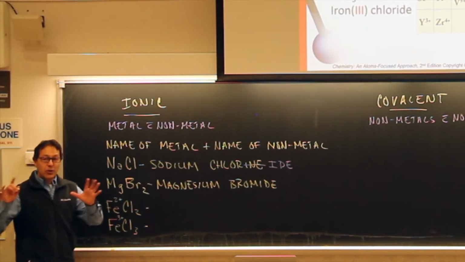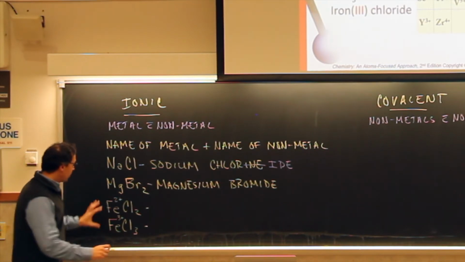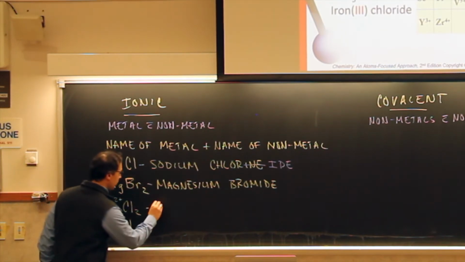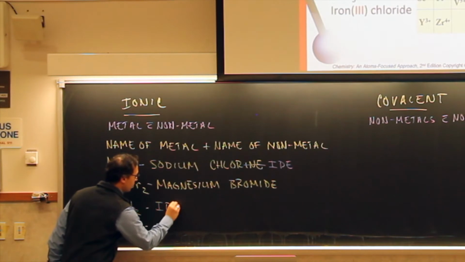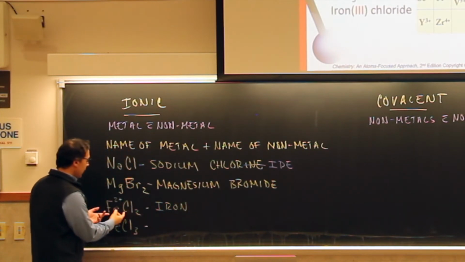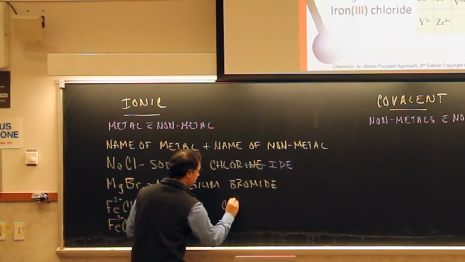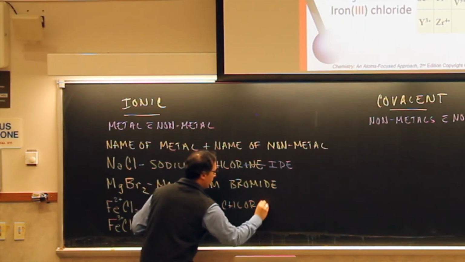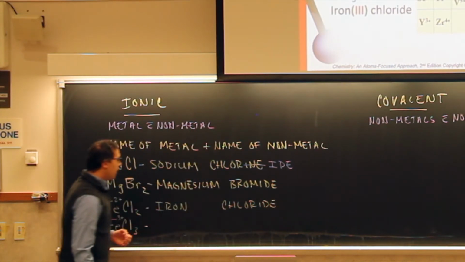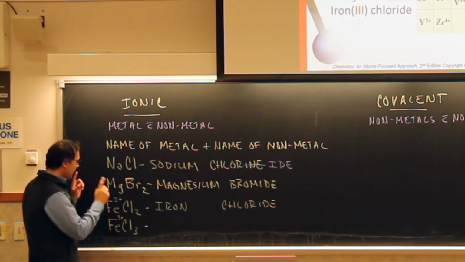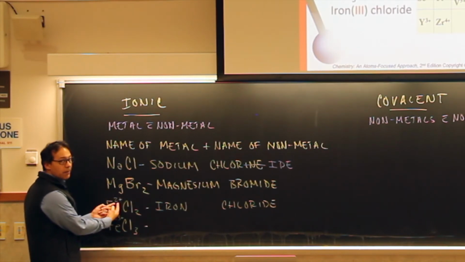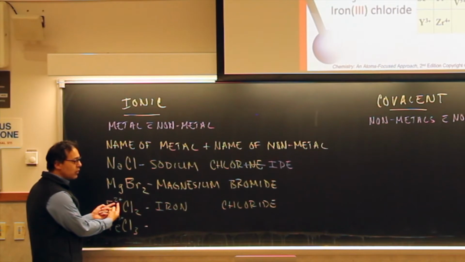Now, the way they do it now is we still call this iron. So this becomes iron, I-R-O-N, okay? And then this is still chlorine here, okay? And we change it to chloride. Okay? But what we do is we take that charge here and we throw in some Roman numerals.